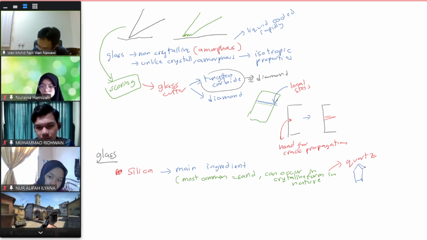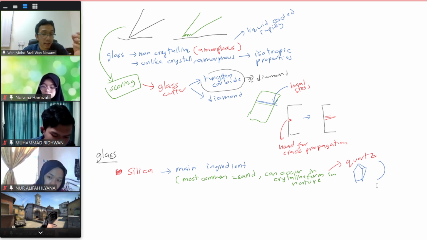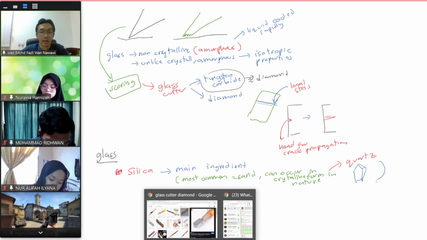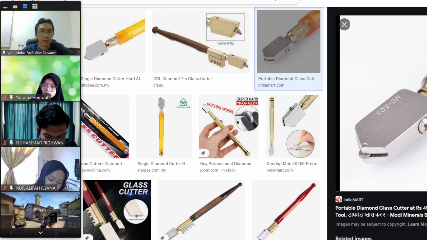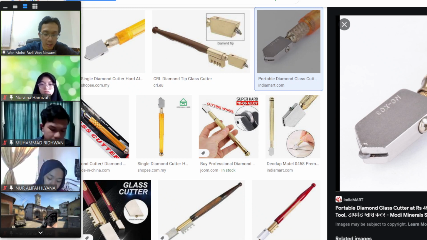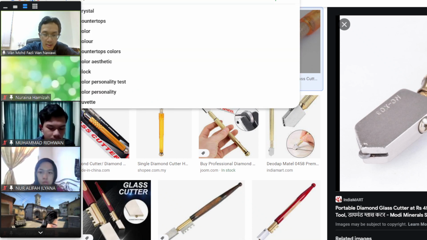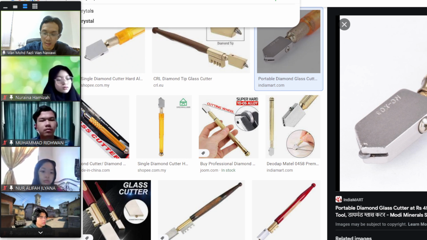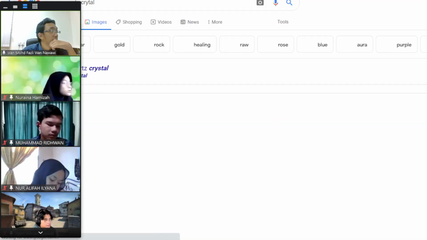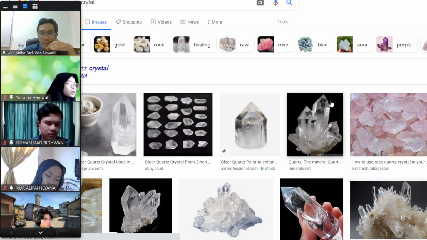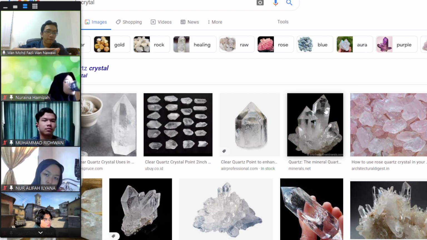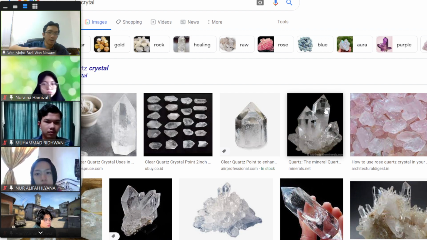Normally sand is amorphous, but sometimes it can be crystalline, for example this quartz crystal. You can see here, it has defined planes, defined faces, surfaces. But sand doesn't have a defined surface.